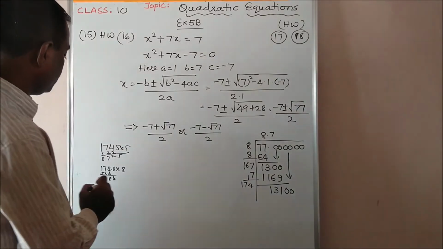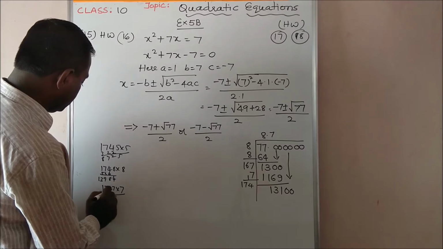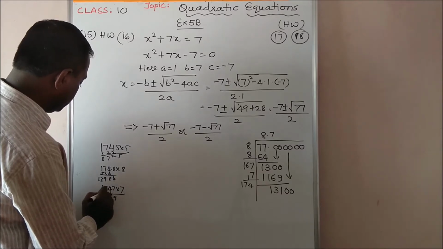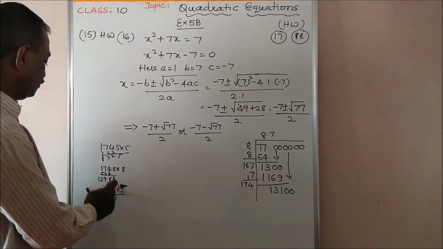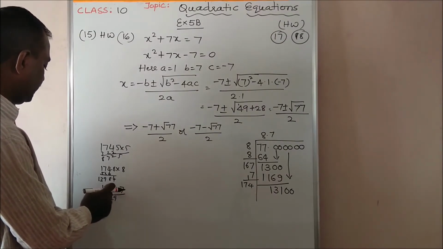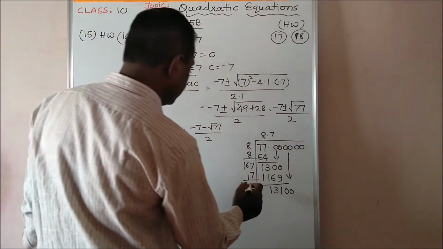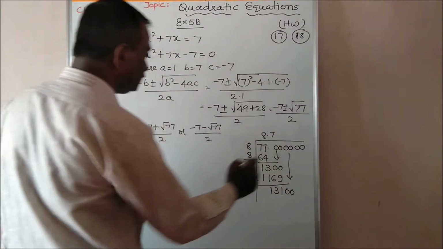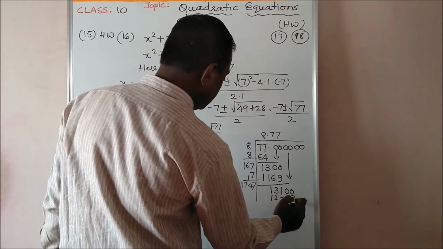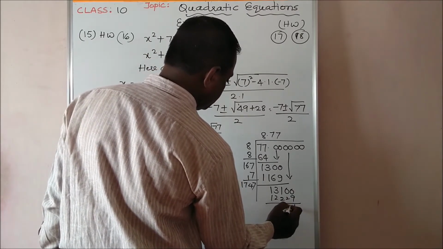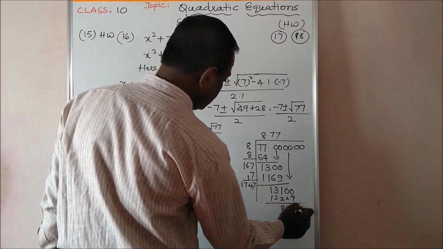So 1747 into 7 is 12229. Okay, 7 we can take. 12229, here 9 minus 2 is 7, here 10 minus 2 is 8, so again 0, 0.